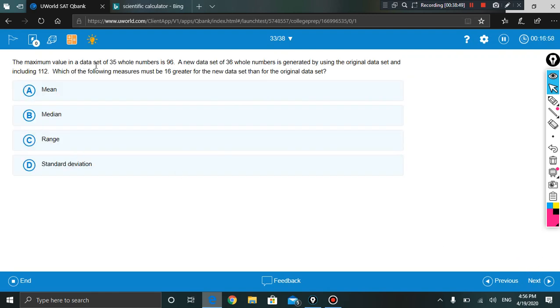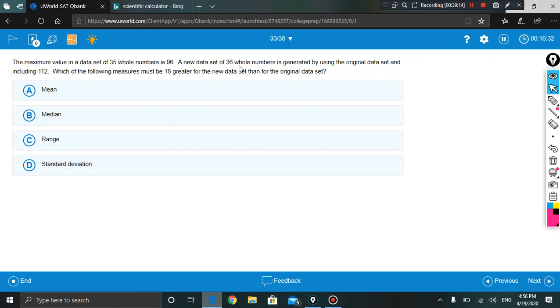The maximum value of it is. Wow, this question is very nasty. What is going on here? 16 greater.